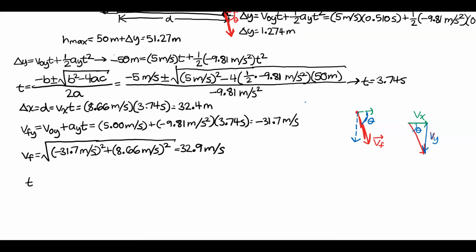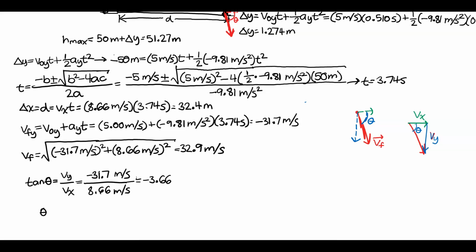So we get tangent of theta equals Vy over Vx, opposite over adjacent. And this becomes negative 31.7 meters per second over 8.66 meters per second. Note how the units cancel. So we have negative 3.66.